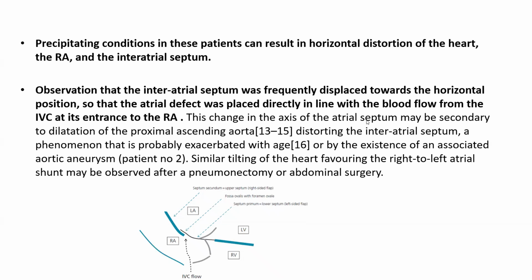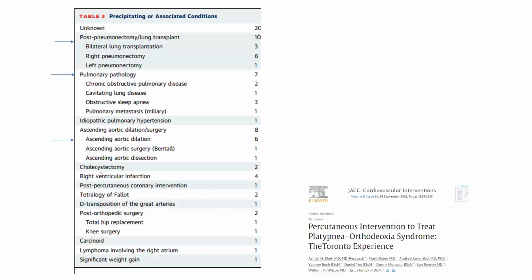This change in the axis of the atrial septum may be secondary to dilatation of the proximal ascending aorta. When the aorta, which sits over that interatrial septum, dilates, it can push that septum down and make it horizontal. This phenomenon is exaggerated with age or with the existence of an aortic aneurysm. Similar tilting of the heart favoring right to left shunt may be observed after a pneumonectomy or abdominal surgery.